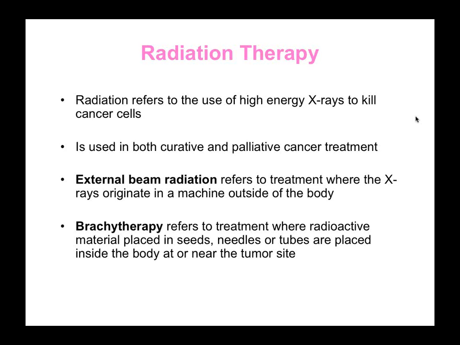There are different ways to give radiation. The most common way is external beam radiation, and this refers to a treatment where the X-rays originate in a machine outside of the body, and then they're specifically directed at the target, the cancer target, to be treated. But there is another type of radiation referred to as brachytherapy, and this is where radioactive materials are placed in little metal seeds or needles or tubes and are actually placed inside the body at or near the tumor site.